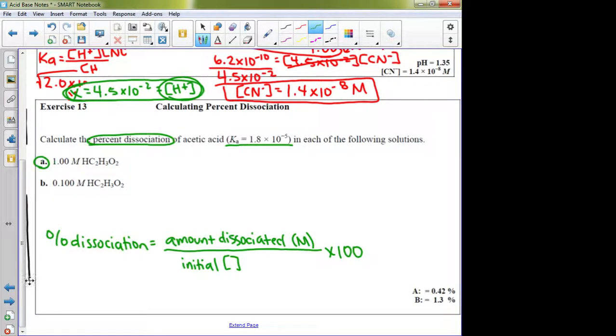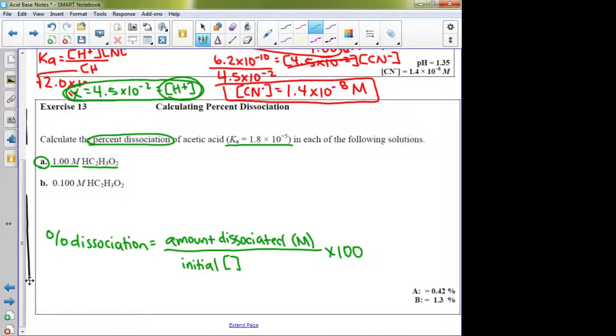So for A, I want to know the percent dissociation of 1 molar acetic acid. Acetic acid is a weak acid. So to figure out how much dissociated, I have to use a RICE table.